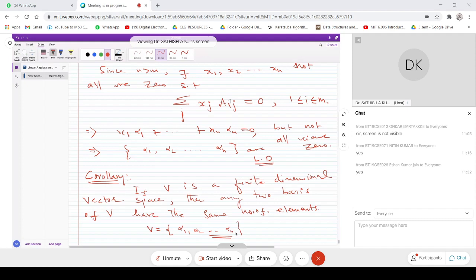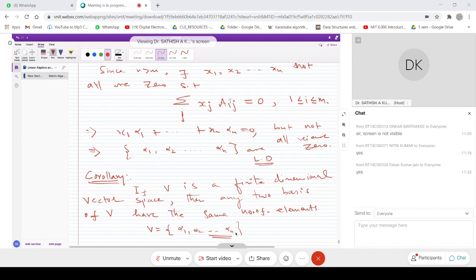One can ask now, sir, is there something called infinite dimensional? Yes, infinite dimensional vector spaces exist. But we are not going to focus on them. Examples of infinite dimensional vector spaces are Hilbert space and Banach space.